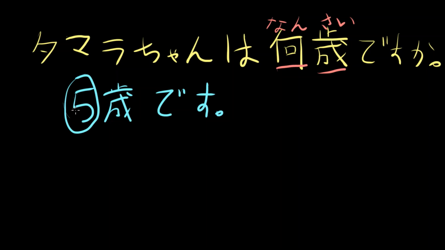You don't need to write the kanji. Rarely would you write the kanji in this case. So gosai desu. I'm 5 or she's 5. たまらちゃんは何歳ですか ?5 歳です。I'm 5. Okay.